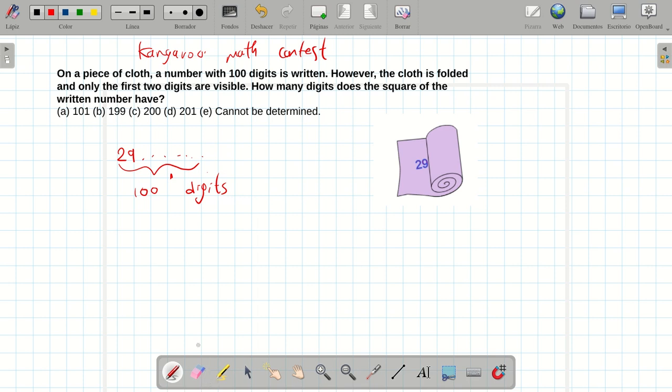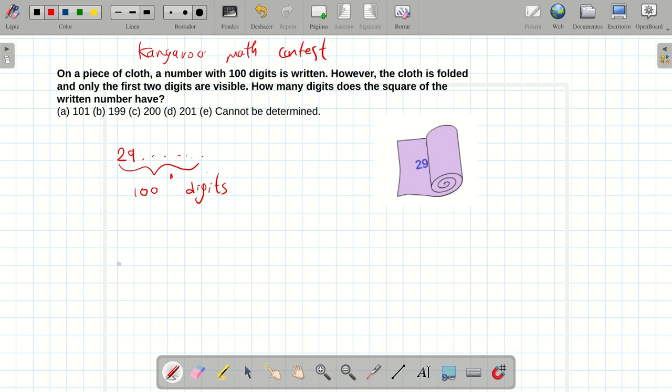But we need to know that in solving problems, we need to use strategies. And strategies are very important for trying to tackle problems.